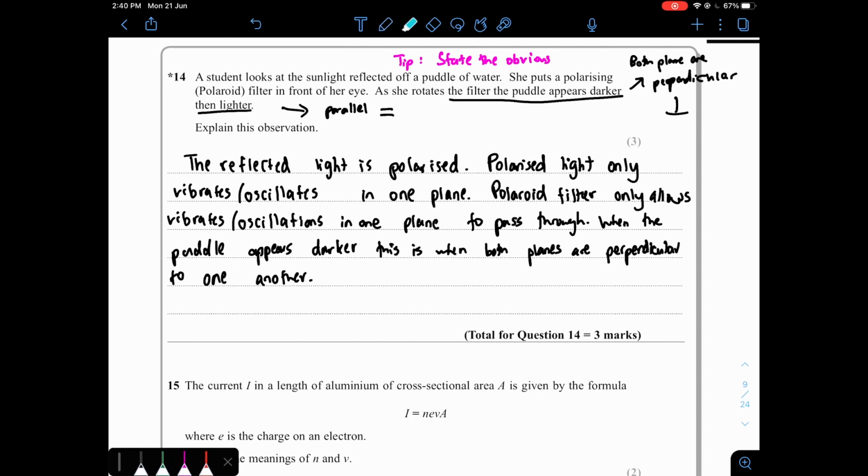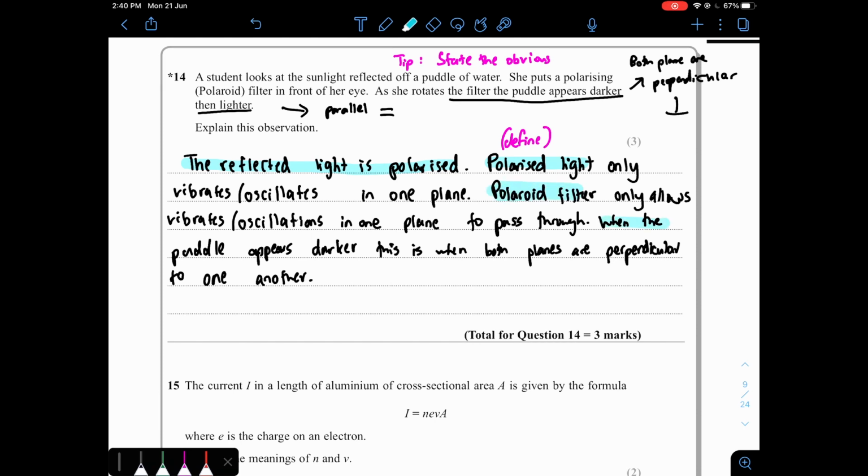Okay, so the key marks are, first thing is state the obvious: reflected light is polarized. Second thing is to define what polarized light is. Next, you also have to define what a Polaroid filter does.